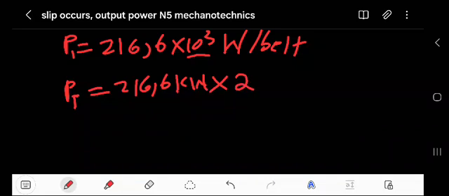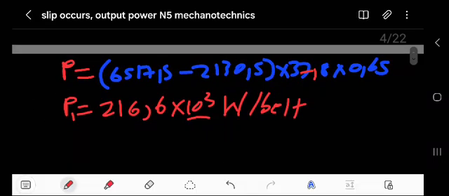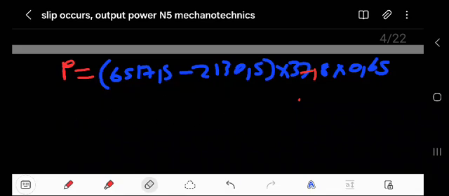Remember, with 2 belts, we've already calculated this. What did I do there? Let me punch. I've already uploaded the 2 on the calculator. I've made a mistake.